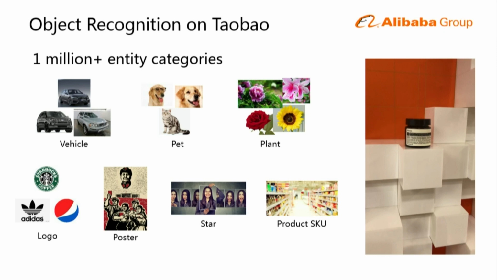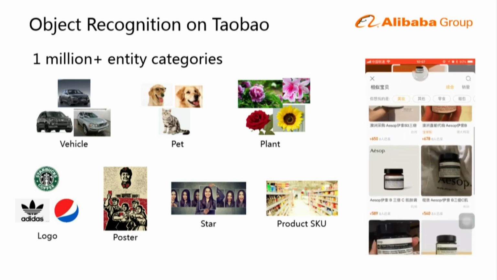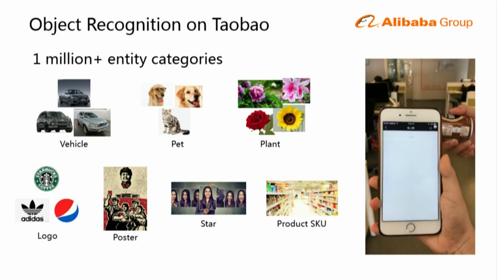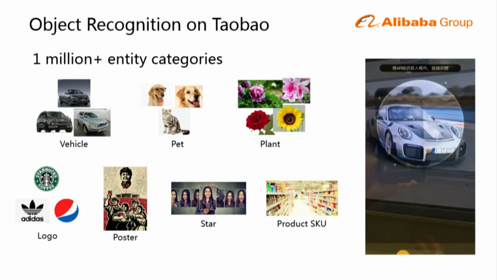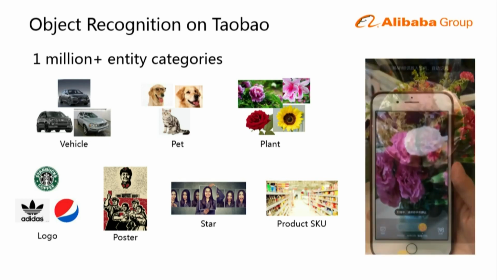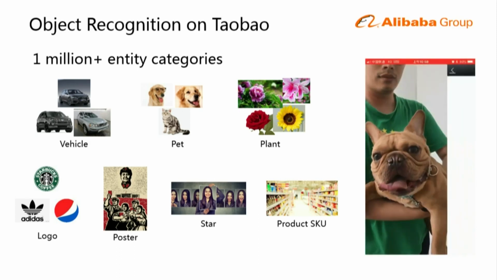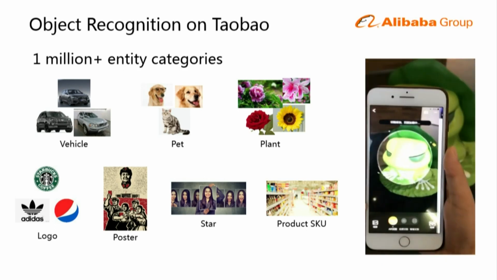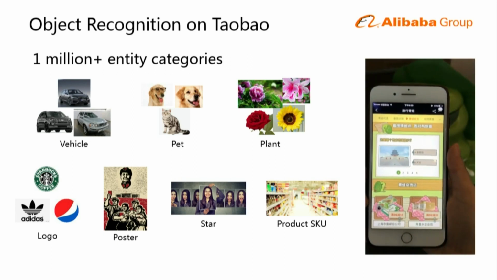Here we have a demo, which shows product, barcode, cars, flowers, pets, and some marketing of AR or game effects.